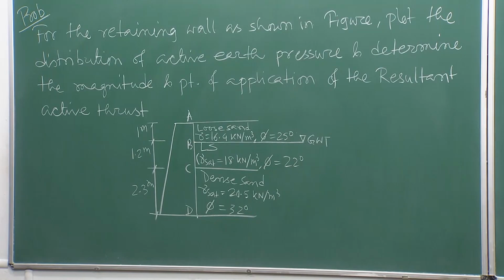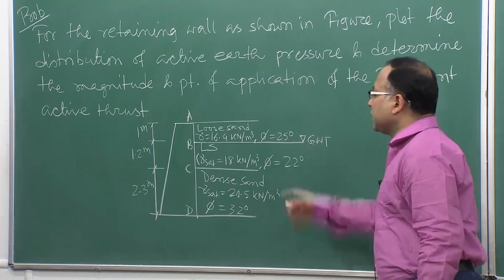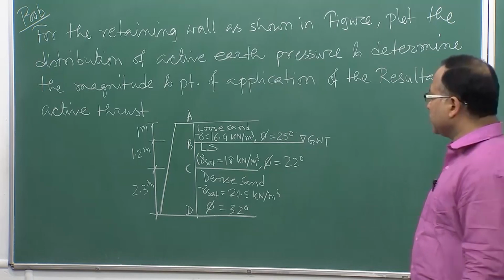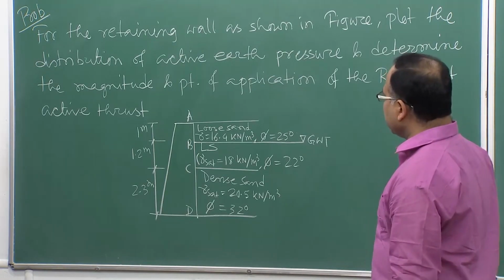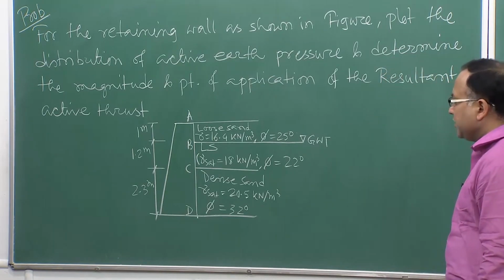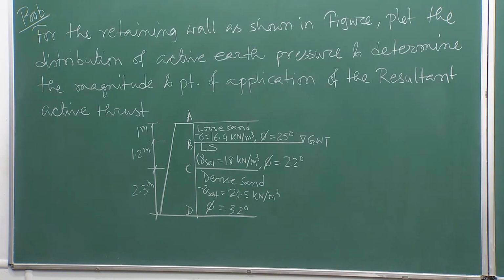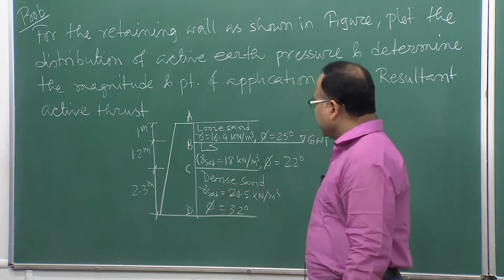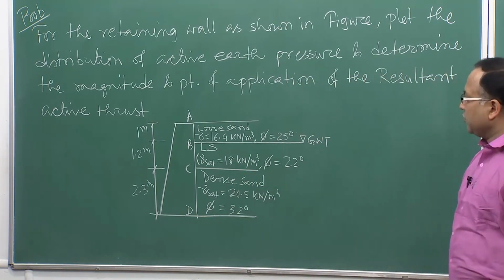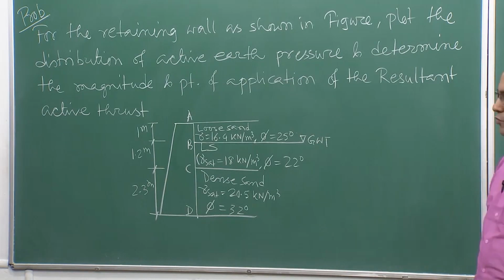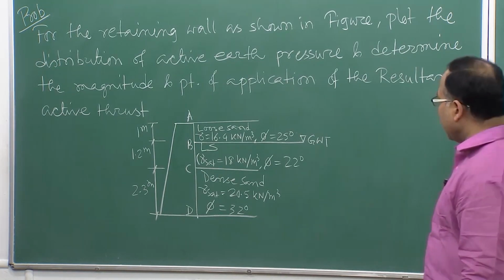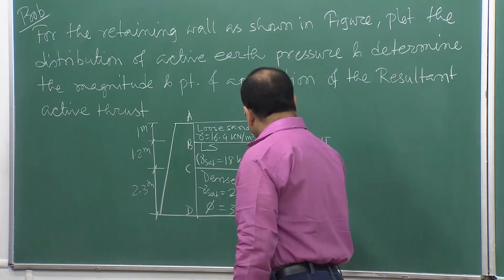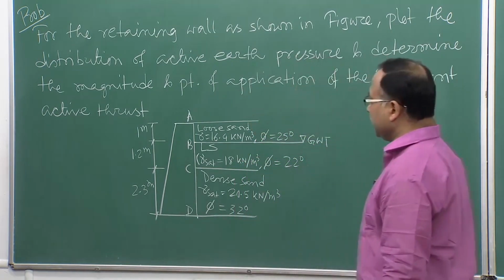The second layer is also loose sand, that is stratum 2, and that has gamma saturated equal to 18 kilonewton per meter cube and phi equal to 22 degree. Whereas the third layer, that is stratum 3, has dense sand, which has gamma saturated equal to 20.5 kilonewton per meter cube and phi equal to 32 degree.